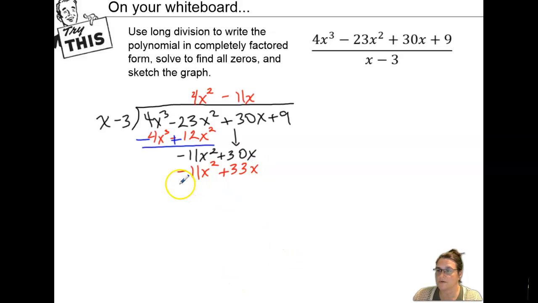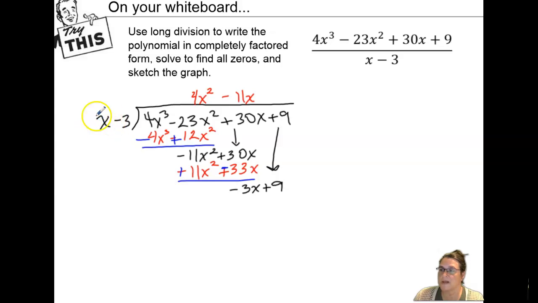Then we're going to draw a line and change both signs. So then when we combine like terms, we'll have -11x squared plus 11x squared. That cancels. 30x minus 33x is a -3x. And then we bring down the next term, which is a plus 9, and repeat that algorithm.